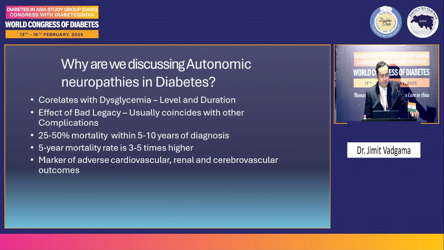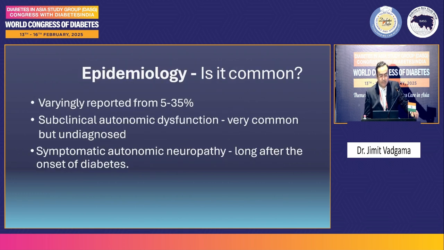If you see, after 5 to 10 years of diagnosis, there is up to 25 to 50% mortality. In simple words, the 5-year mortality rate is 3 to 5 times higher if a patient has autonomic neuropathy compared to a diabetic patient who doesn't have cardiac autonomic neuropathy. Is it common? Yes, it is variably reported across studies around the world.